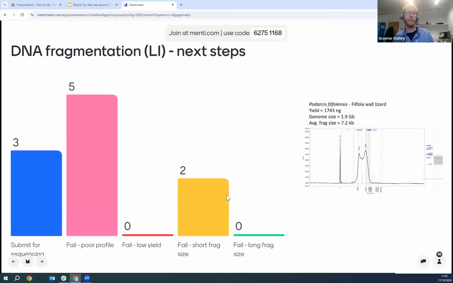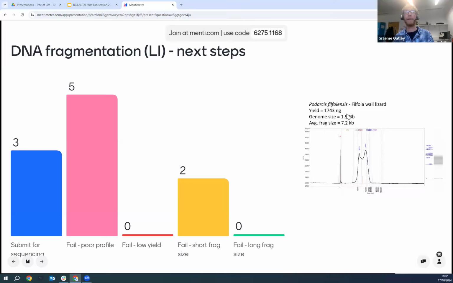And then again, we have a couple of people saying short fragment size, and you're right. For low input, our average fragment size is 7.2, and that is too short for low input sequencing. However, knowing that we can do a modified SPRI to get rid of the smaller fragments of DNA, that will push our average fragment size back towards the 12 kb range that we're after for low input sequencing.